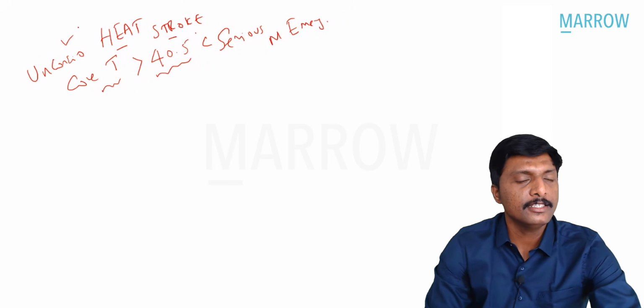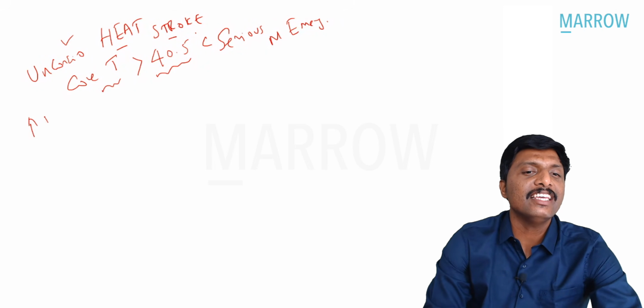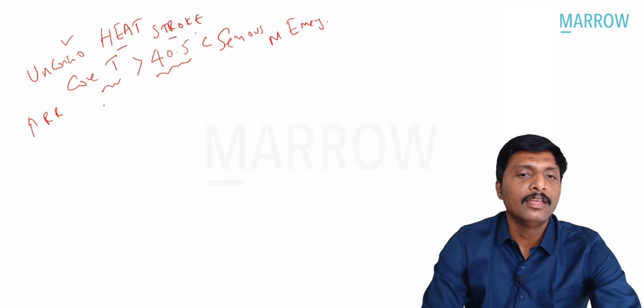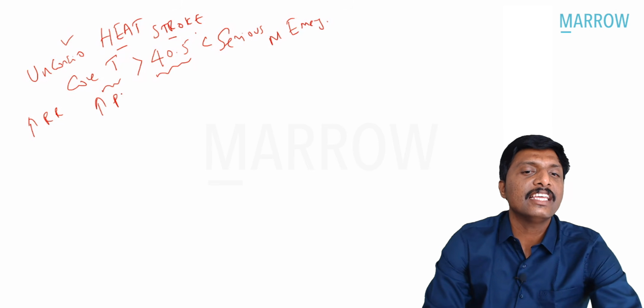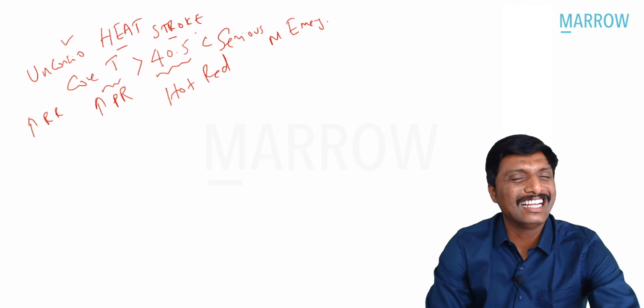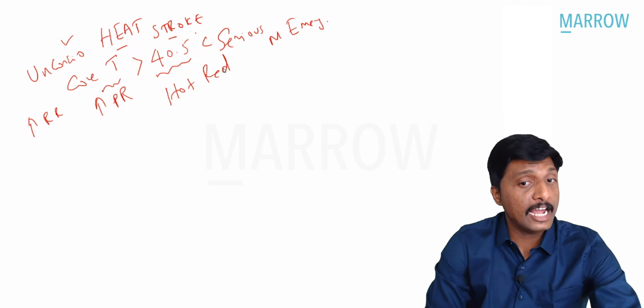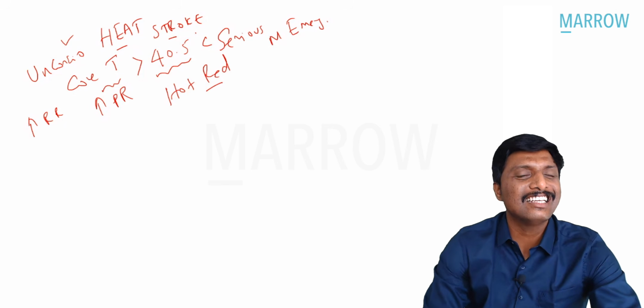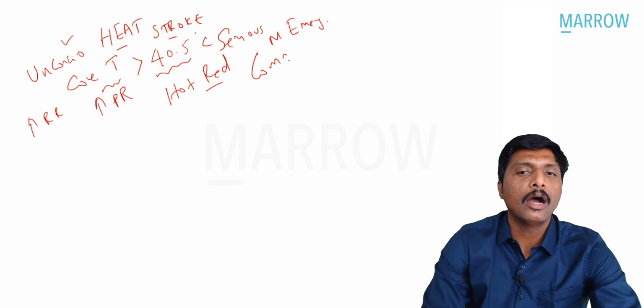He is unconscious. He will have an increase in respiratory rate. He will definitely have an increase in pulse rate. His skin will be hot, red. Tachycardia, tachypnea, hot, red skin, coma.